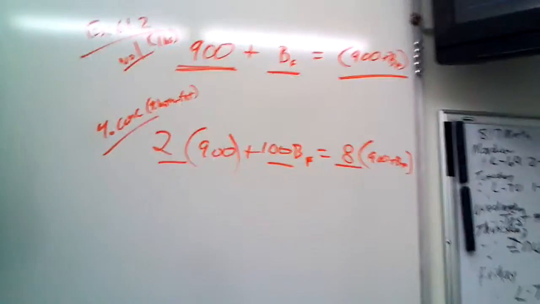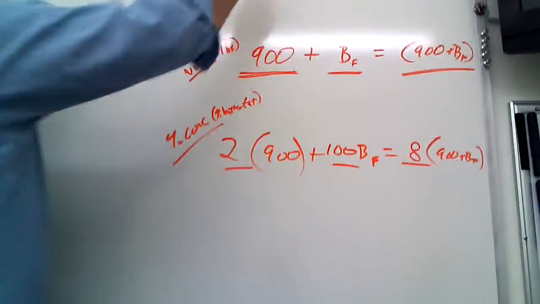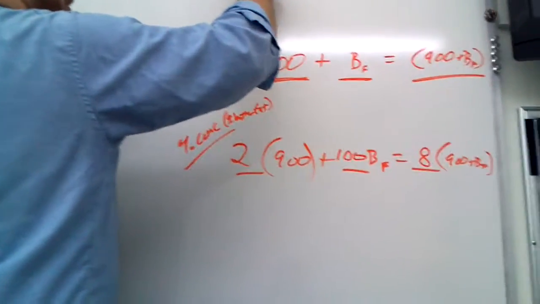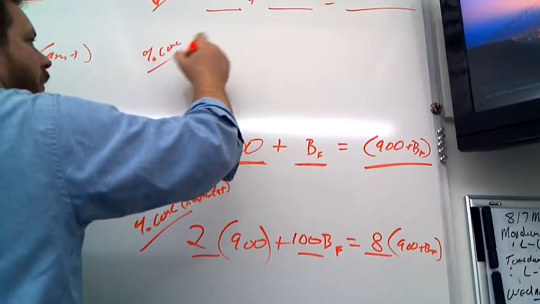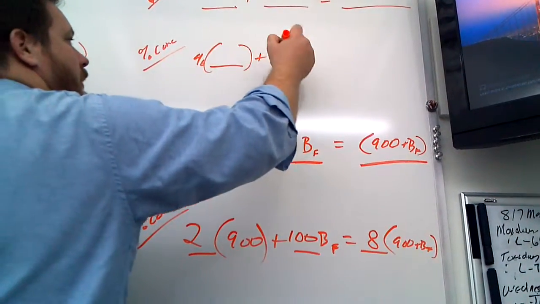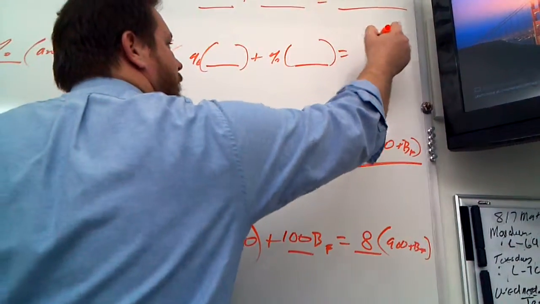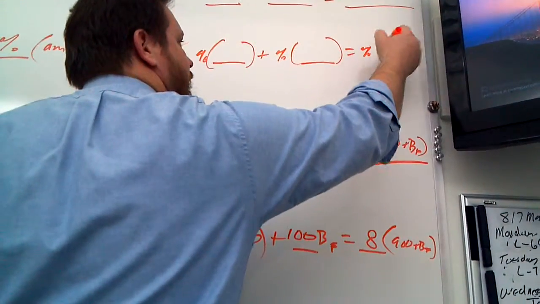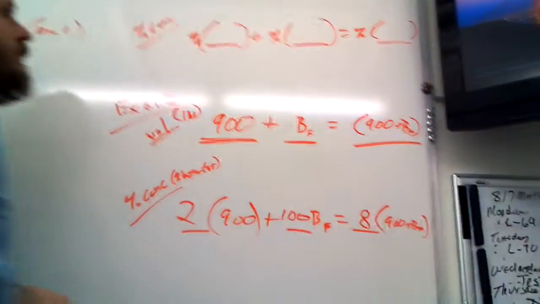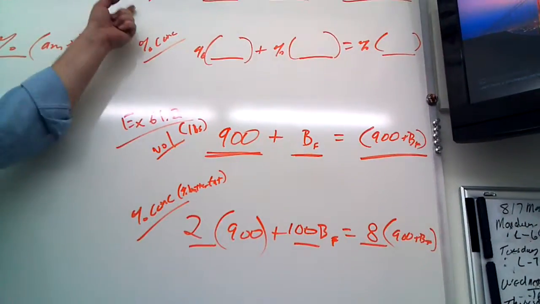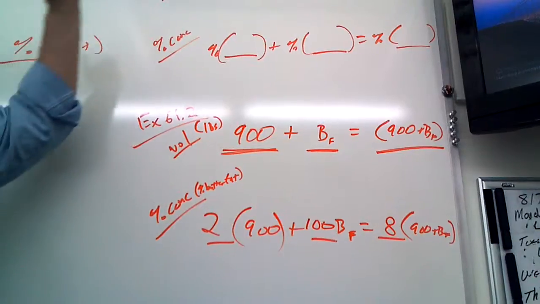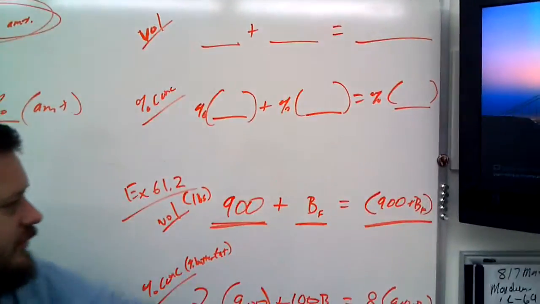So on these types of problems, always start with the volume. It doesn't matter which kind. Always start with the volume, then copy the volume equation, put in the percentages.